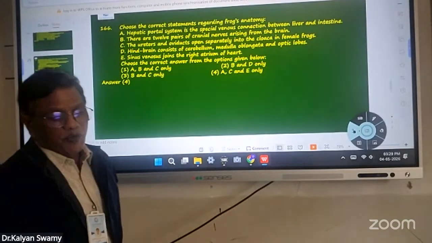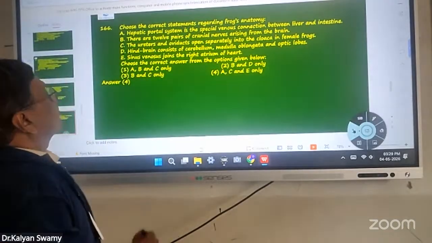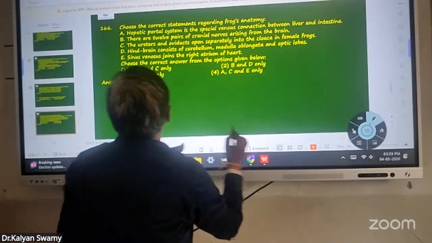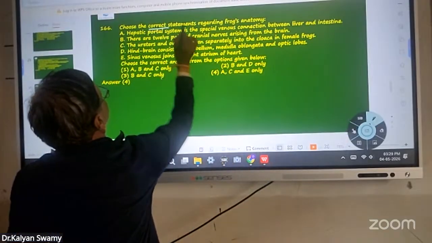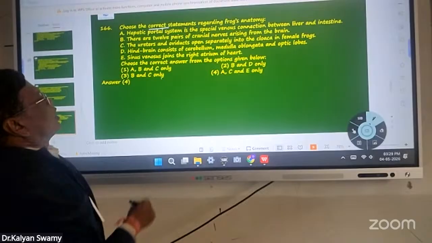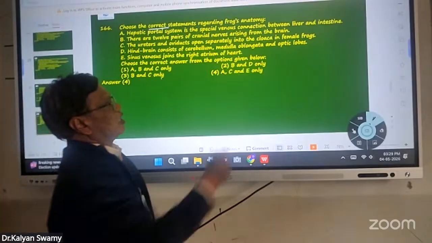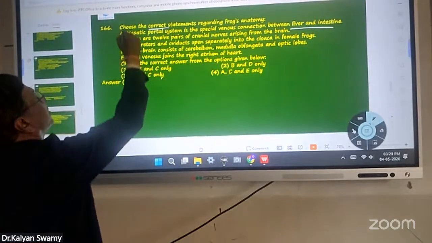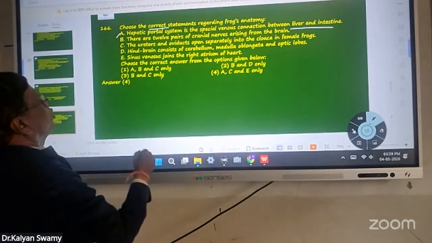Here again related to frog, three questions asked related to the frog's anatomy. Here the correct answer: hepatic portal system with a special venous connection between the liver and intestine. Hepatic, that is correct. A is correct. So A should be there.